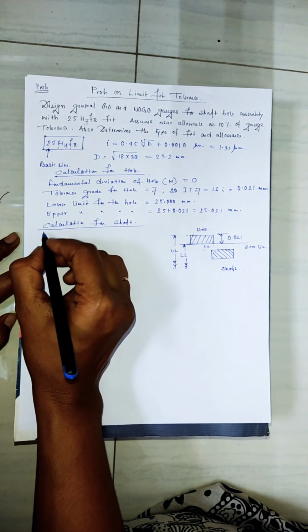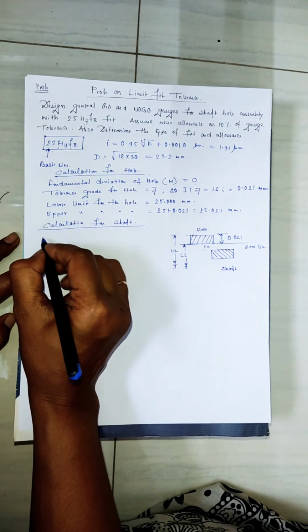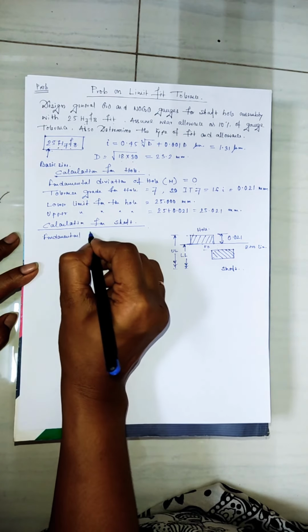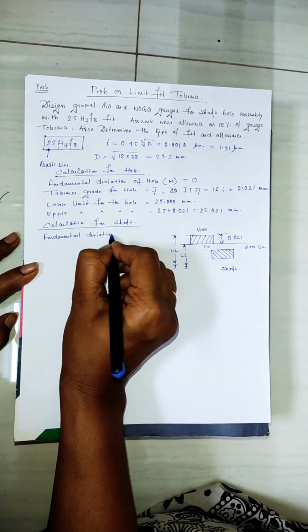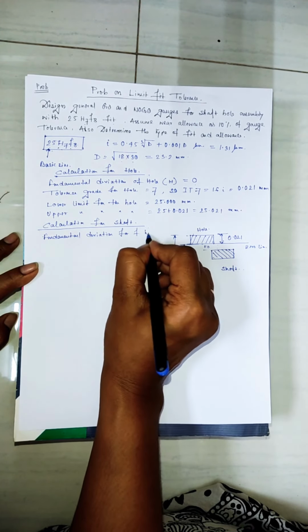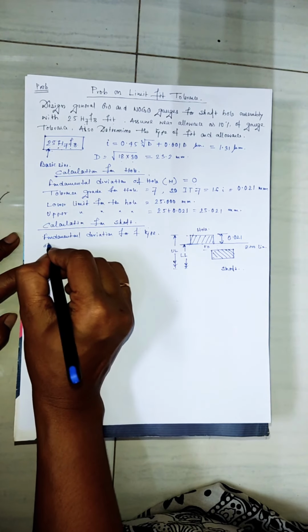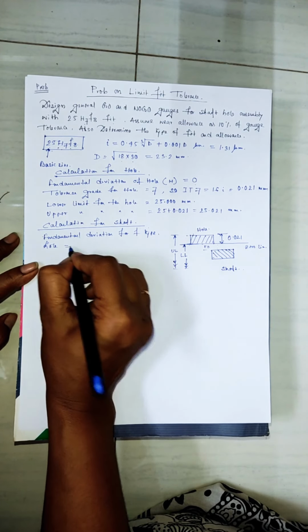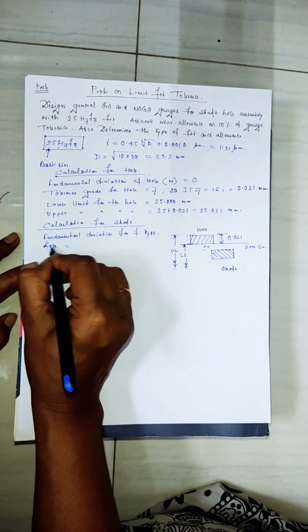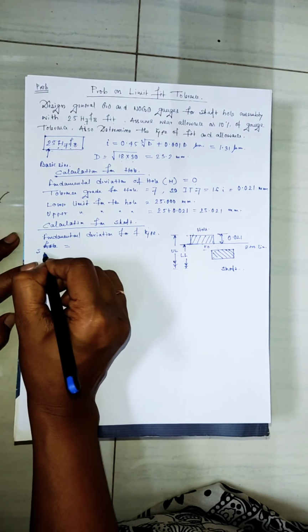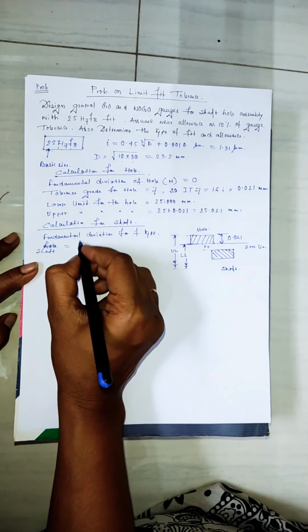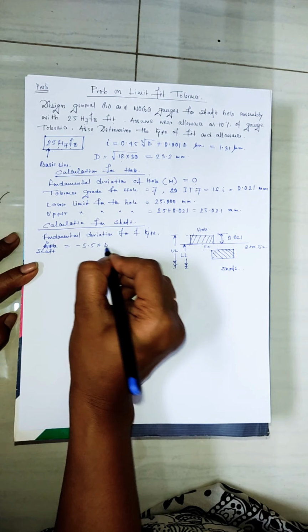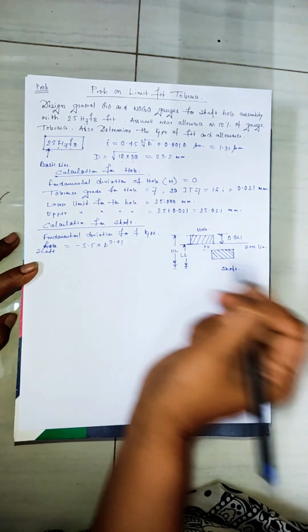So the fundamental deviation for F type shaft is equal to minus 5.5 into capital D to the power 0.41.